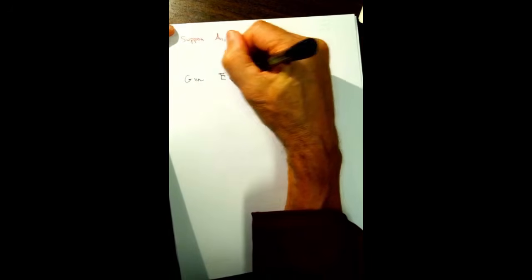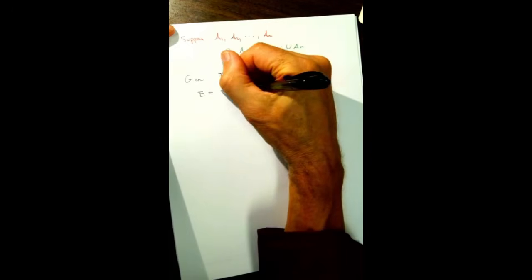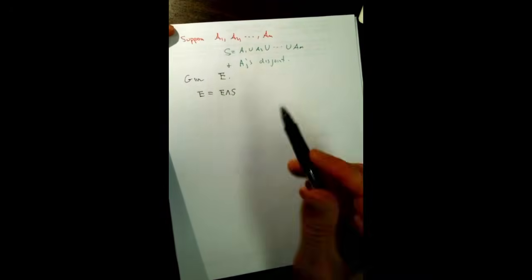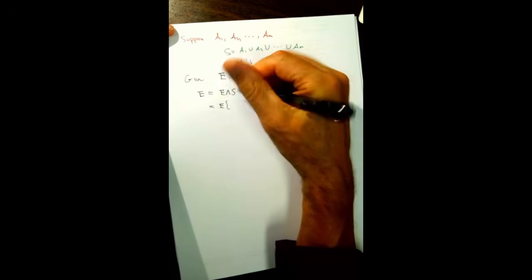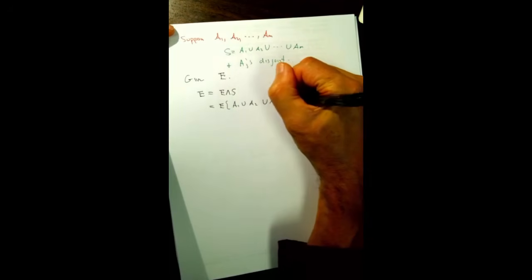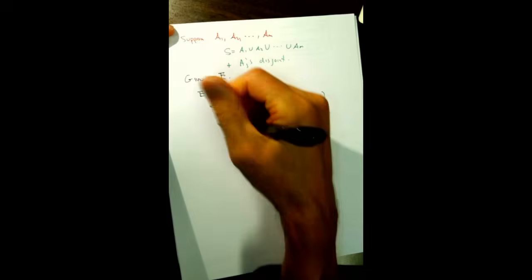So that means if you give me a set E, I can write E as E intersected with the set of all possibilities, so E and the sample space. I just said I can write the sample space as A1 union A2 union A3 out to AM.